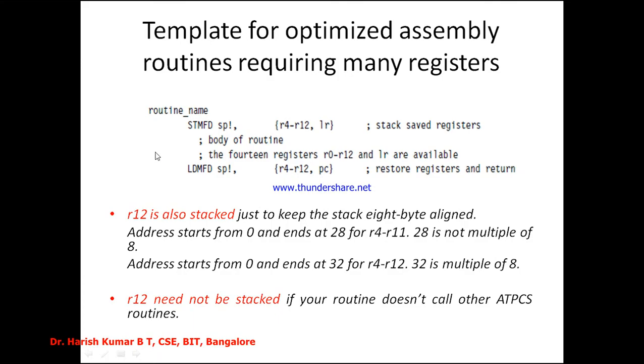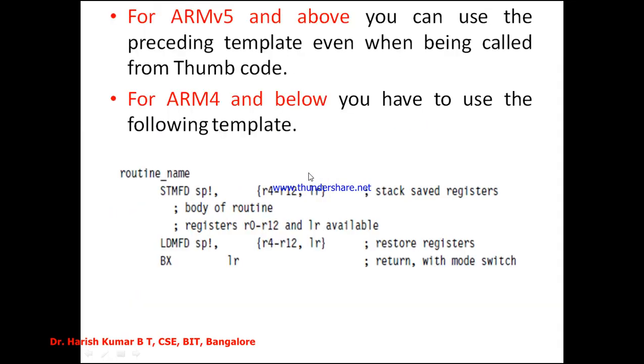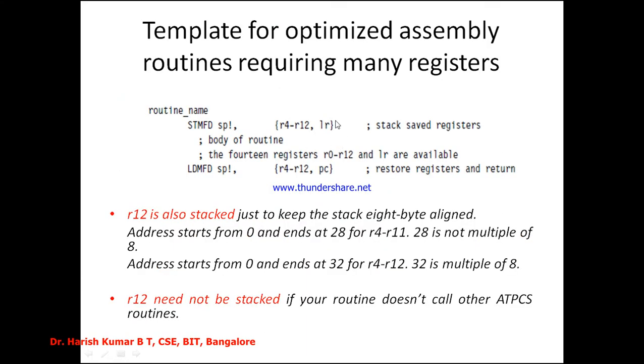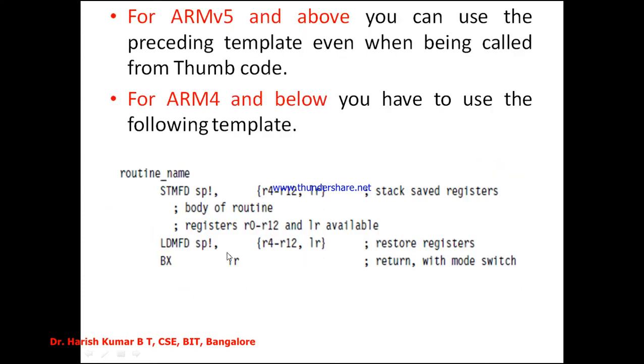For returning, we have to write BX LR. Earlier we were popping this and putting it into the PC, so that the control used to get returned. But now you pop all of them and then you have to explicitly write BX LR. This we have already understood in the previous session.